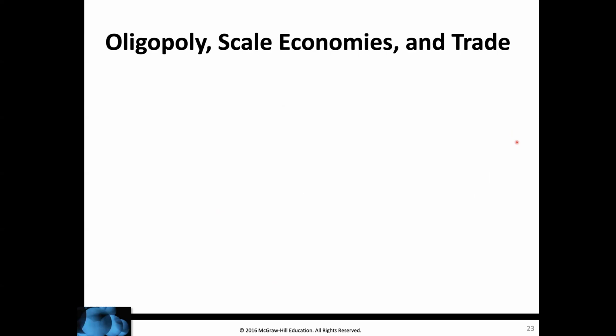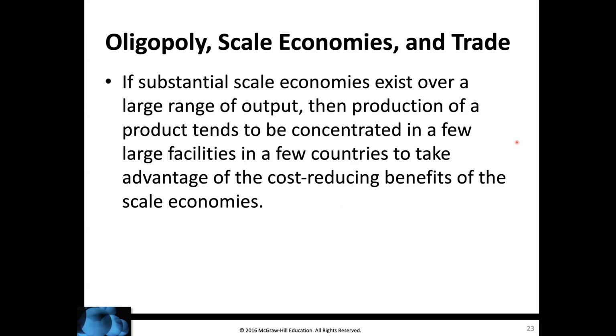So what about oligopolies, scale economies, and trade? If substantial scale economies exist over a large range of output, then production of a product tends to be concentrated in a few large facilities in a few countries to take advantage of the cost-reducing benefits of scale economies.